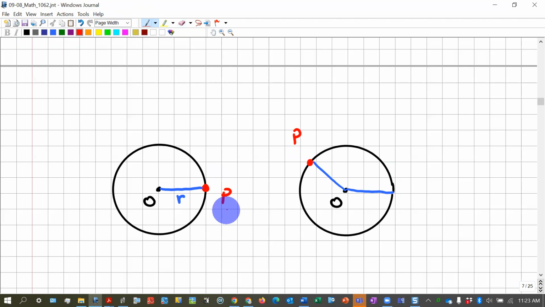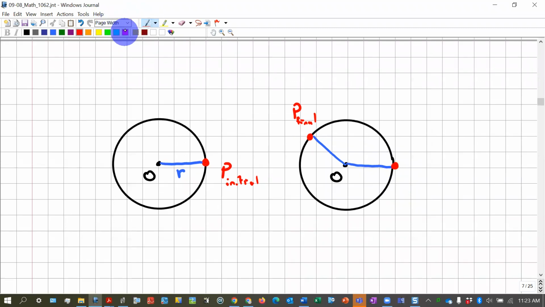So suppose this is sort of P initial, and this is P final. And suppose the amount of spin was that angle. Just the first time around, just to make the picture easier.